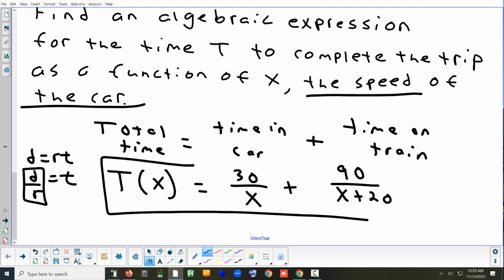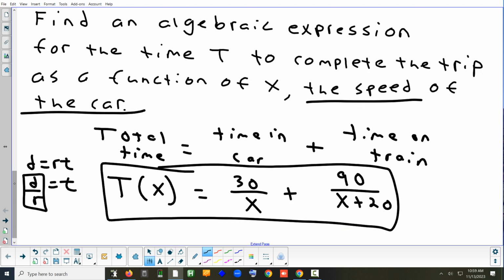And for this problem, that's all I wanted. That's an algebraic expression for the time it's going to take to complete the trip. Any questions on that? Now, we have two separate fractions with different denominators. It is going to be helpful to put them together with a common denominator for part of the next question.